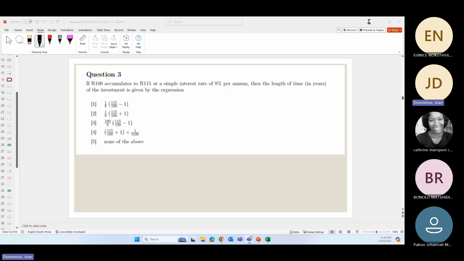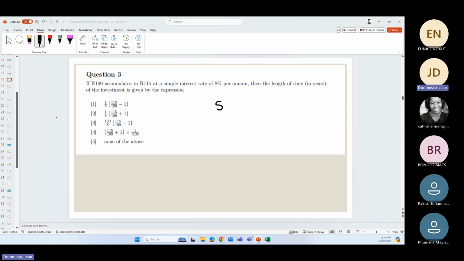This is not something that we've seen before. Normally you just need to work out the final answer. What we're doing here is to start with the simple interest formula.